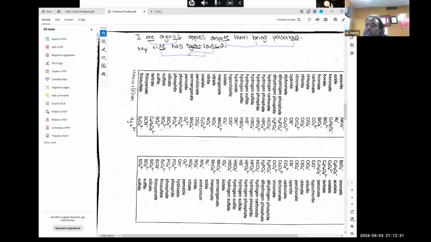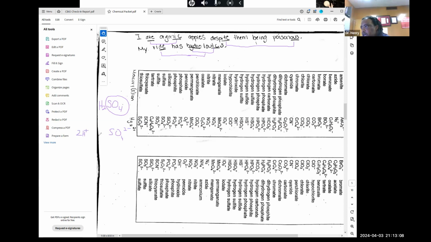Okay, let me show you what this means, right? So if we have, let's say, for instance, H2SO4, we know that this guy is called sulfuric acid. Okay, so if we take a look at this guy, this here is a polyatomic ion because we know that H plus is going to be coming from it. So in this case, this guy is SO4 2 minus, and then, of course, we have 2 H pluses.